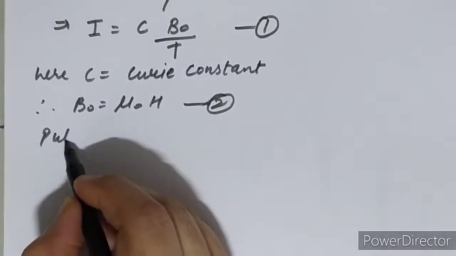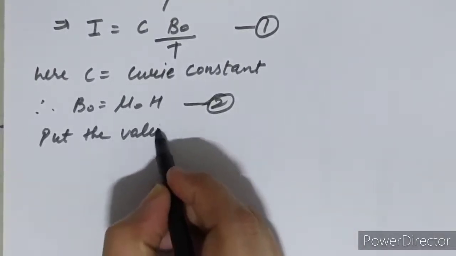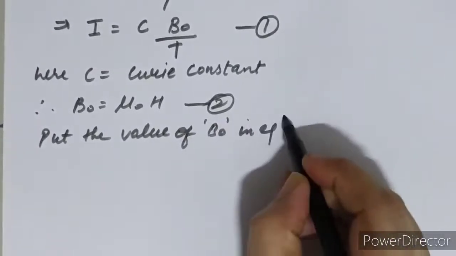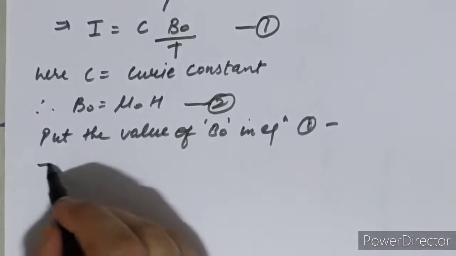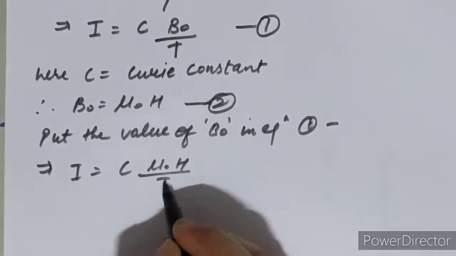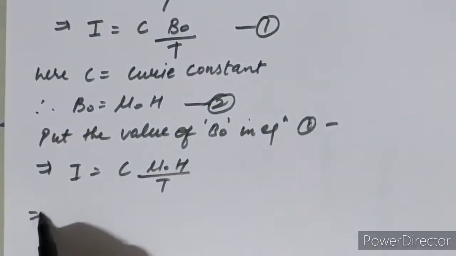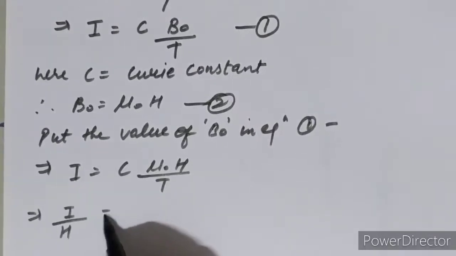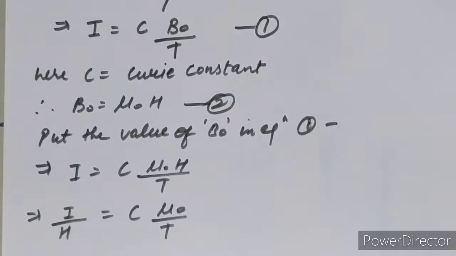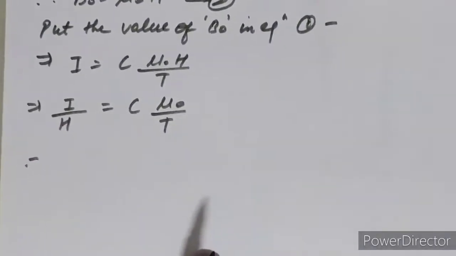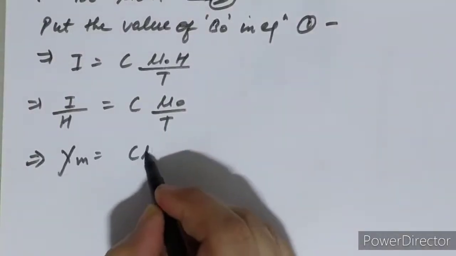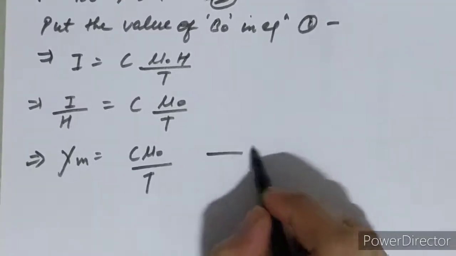Put the value of B naught in equation 1, then we get I is equal to C mu naught H upon T. Taking H out as a divisor, I upon H ratio is your magnetic susceptibility, if you remember. Then chi m is equal to C mu naught upon T, equation number 3.